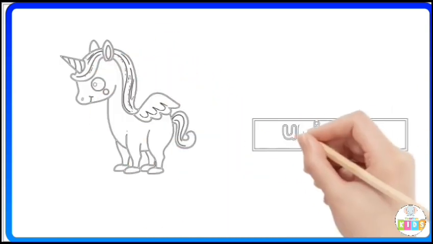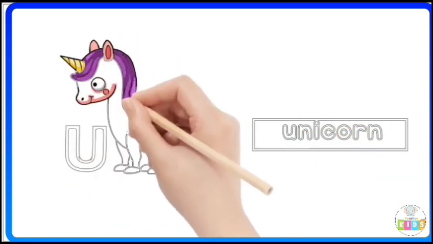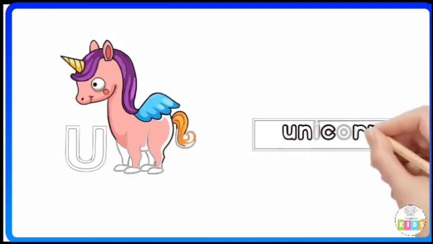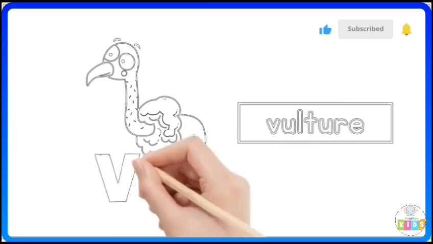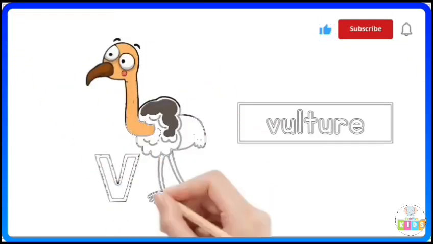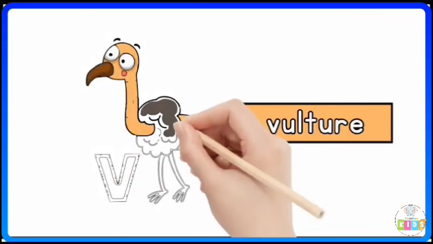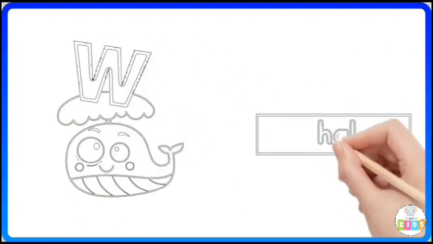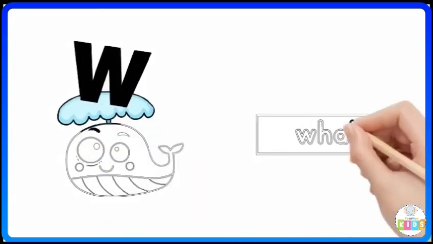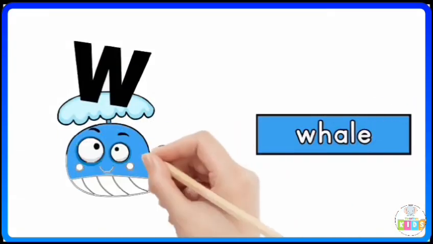U for unicorn. U for unicorn. V for vulture. V for vulture. W for whale. W for whale.